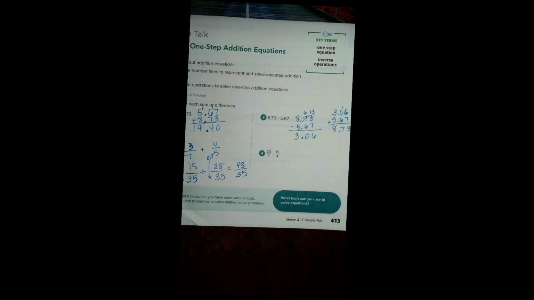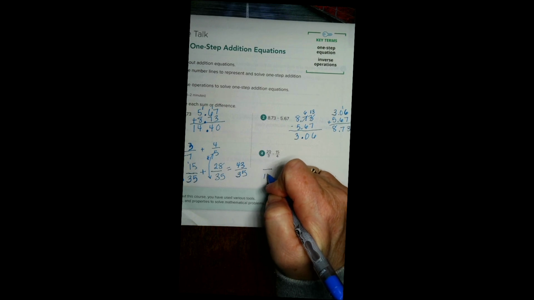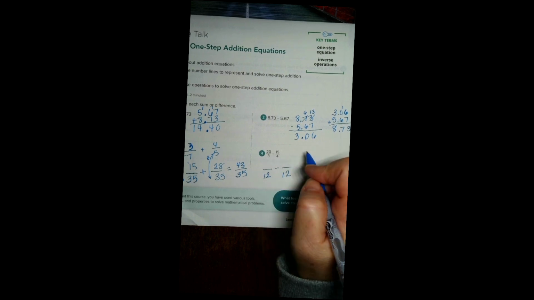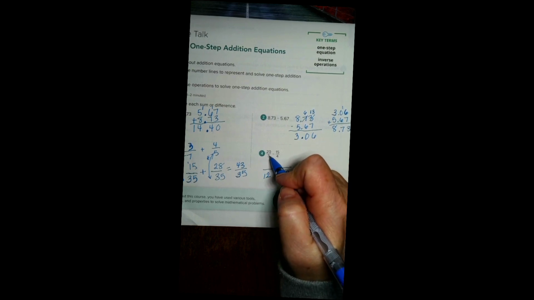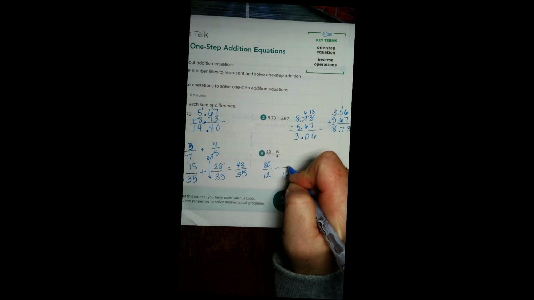Okay, 20/3 minus 15/4. So our common denominator is going to be 12. They don't have any factors in common, 3 and 4, so we have to multiply them together. We do 3 times 4 to get to 12, so we're going to do 20 times 4, which gets us 80.